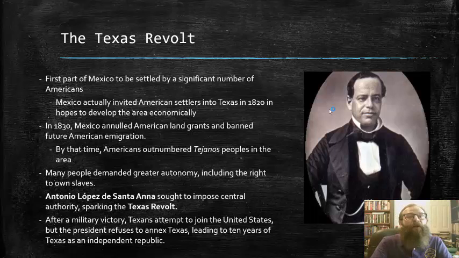By that time, however, Americans greatly outnumbered the Tejano peoples in the region, those native Mexican, Spanish, and American peoples of that particular area. Many people demanded greater autonomy, including the right to own slaves, which had already been banned in Mexican territory.